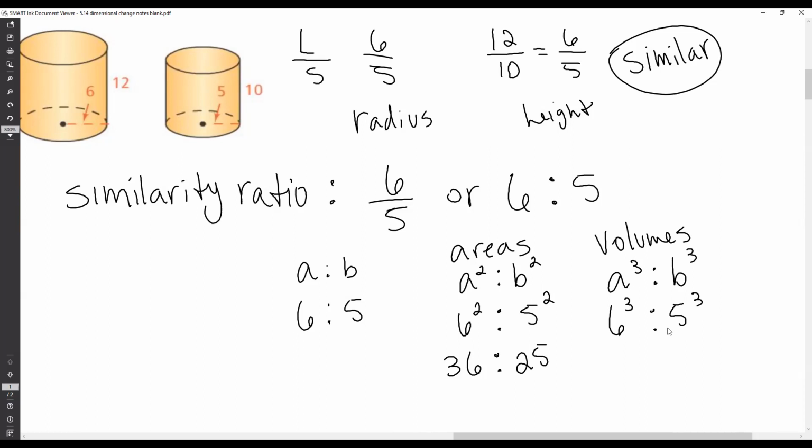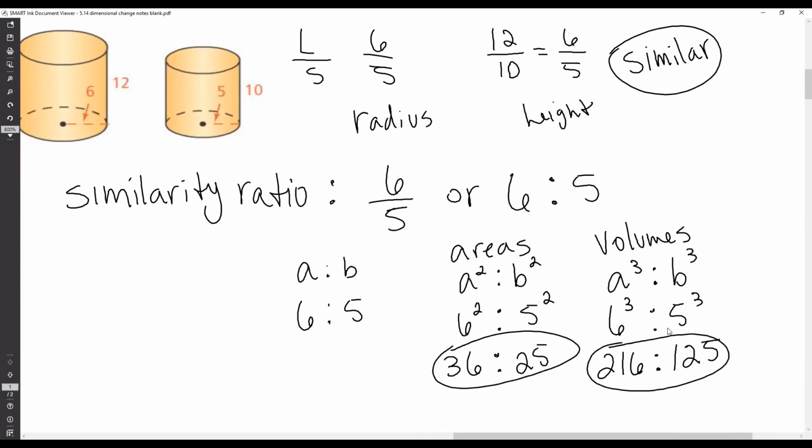And you will get 216. And then 5 cubed is 5 times 5 times 5, so it's 125. All right, so that would be the ratio of their areas and the ratio of their volumes. And then their similarity ratio is 6 to 5.